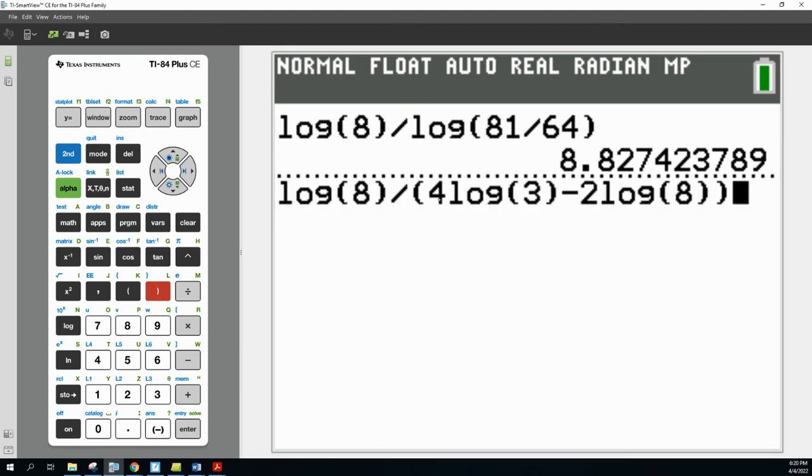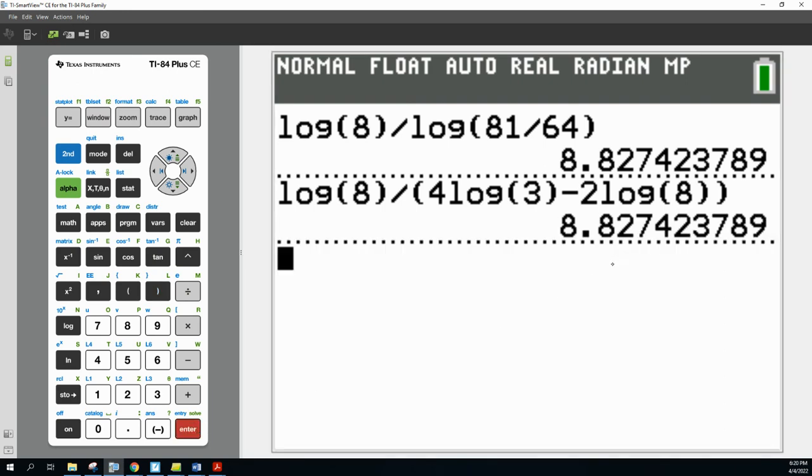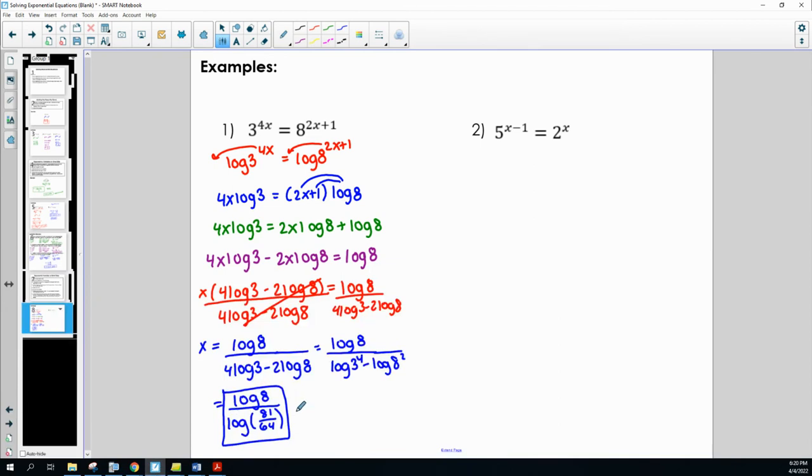Every parenthesis should have a matching one that closes it. So this gives us the same answer. I would recommend condensing it because if you forget to put a parenthesis in here, you're going to get the wrong approximate answer. So we said that our approximate answer would be about 8.827.